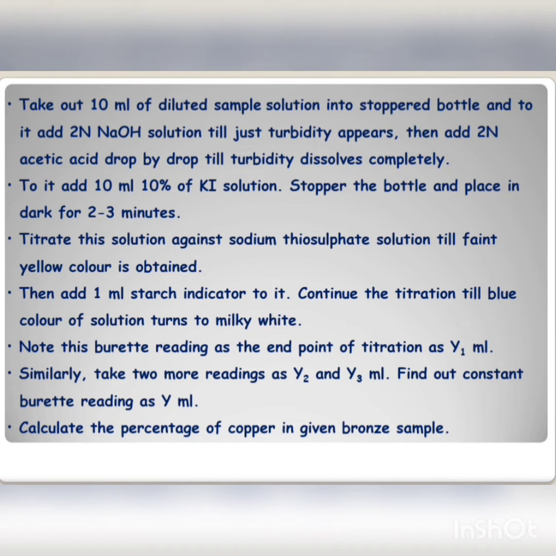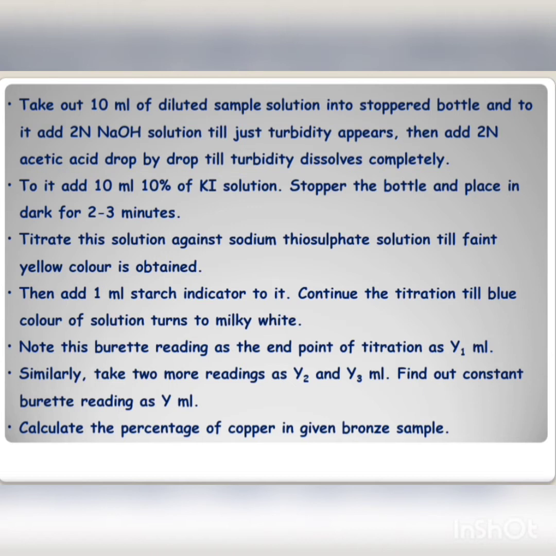After adding starch indicator, we will get a blue color, and we will continue the titration similar to the standardization, till we get the end point from blue to milky white. In case of standardization, we got the end point from blue to colorless, but here the end point is different. The end point is from blue to milky white.